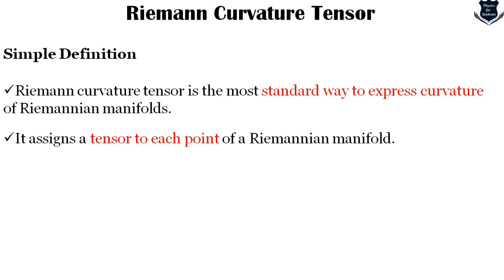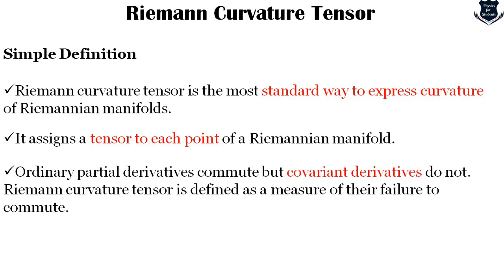It assigns a tensor. Now, ordinary partial derivatives commute, but covariant derivatives do not. We're going to look into it a little bit. The Riemann curvature tensor is defined as a measure of their failure to commute.